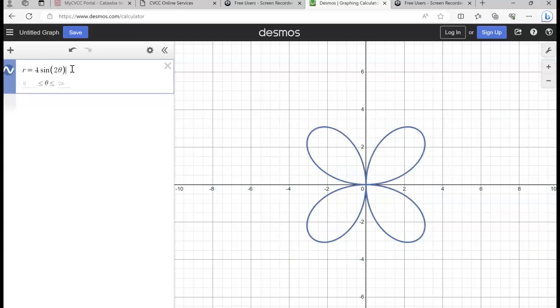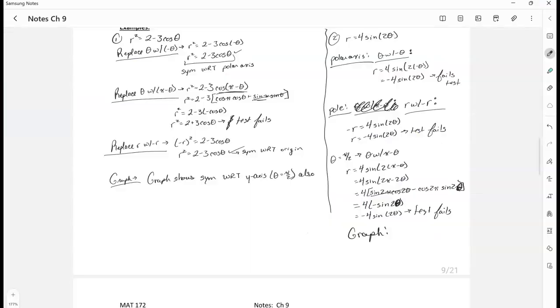And you can see a rose with 4 petals, and it does have symmetry with respect to the x-axis, the y-axis, and the origin. So we've got all 3 types of symmetry. So even though the test failed, we still have the symmetry. But remember, the test is only sufficient. It's not necessary.